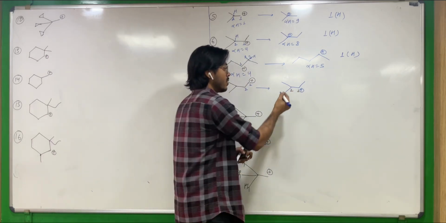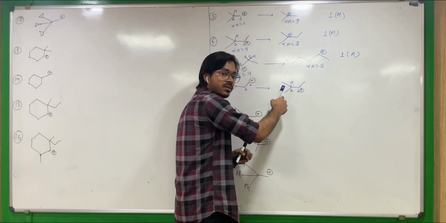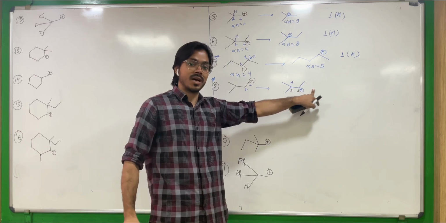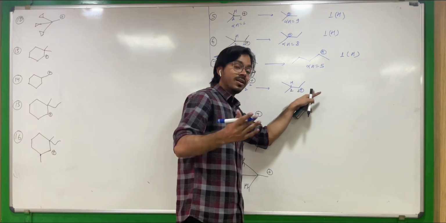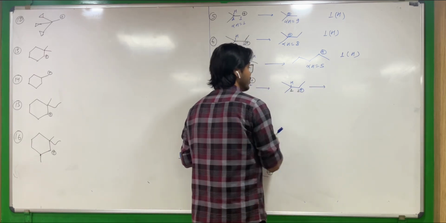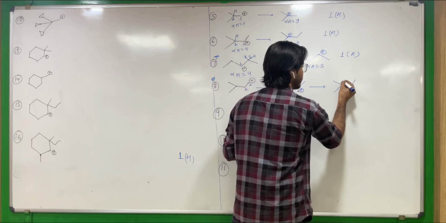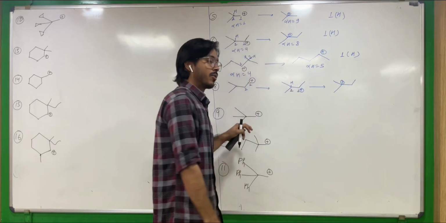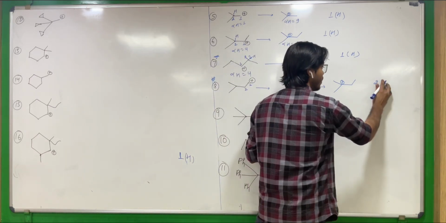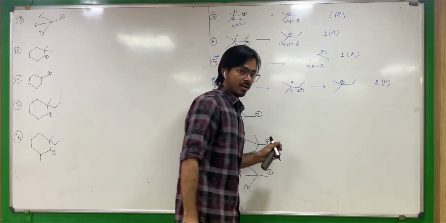Again, on this carbon number 2, 1 hydrogen and 2 methyl groups are present, so again it will go into rearrangement to make a more stable carbocation. Rearrangement will occur till it completes a more stable carbocation. So this hydrogen will come here and the carbocation formed will be this. This is the most stable carbocation. In this case, two 1,2 shifts are taking place, and both times hydrogen is migrating.